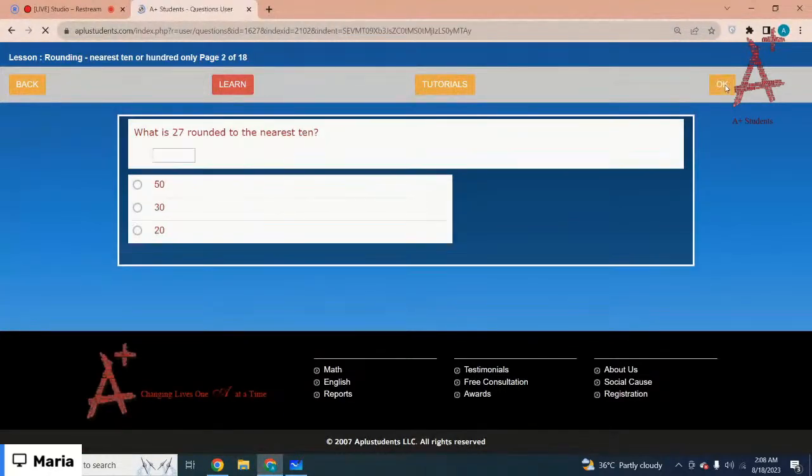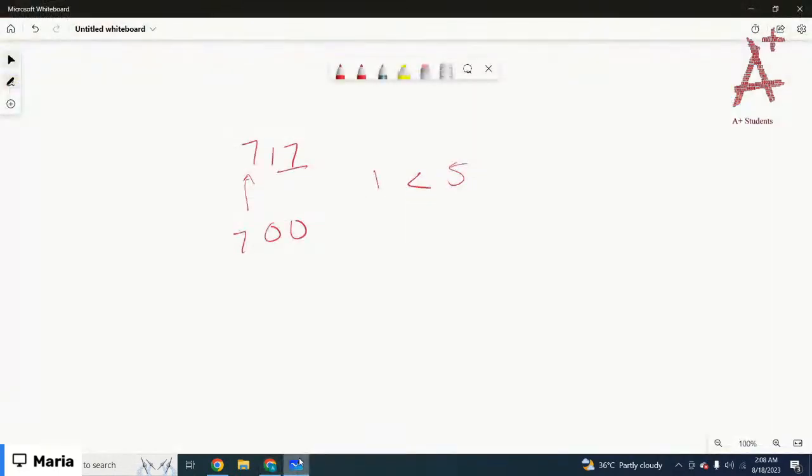Okay, the next one is, what is 27 rounded to the nearest 10? Okay, so you have 27 and you have to round off to the nearest 10, right? The digit at the tens position is 2, and the next digit is 7.